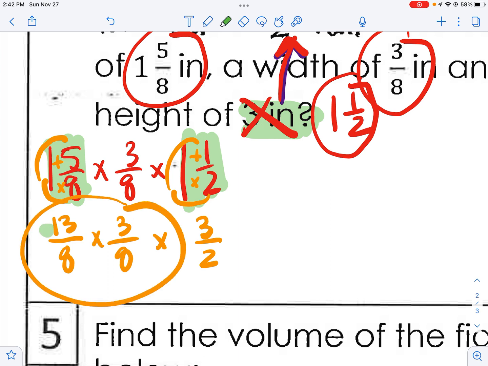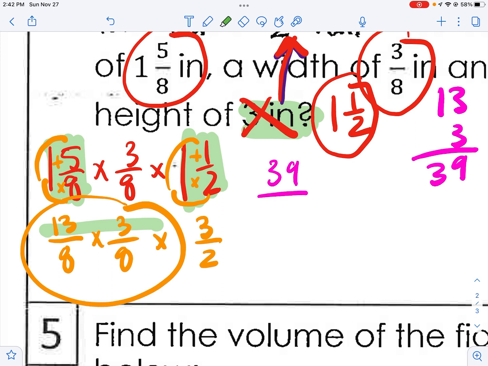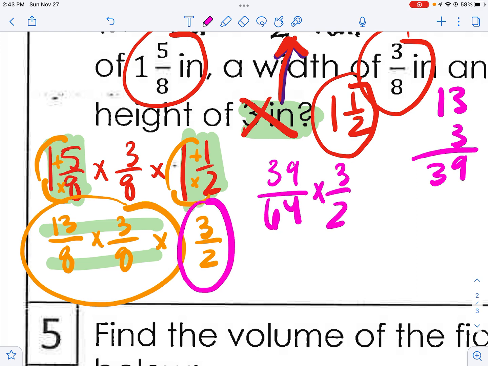So 13 times 3, I don't have 13 times 3 memorized, so I'm going to do it on the side over here. That is 39, so 39. And then 8 times 8 is 64. And then I still have to multiply it by my last fraction, 3 over 2. So I got 39 times 3 now.